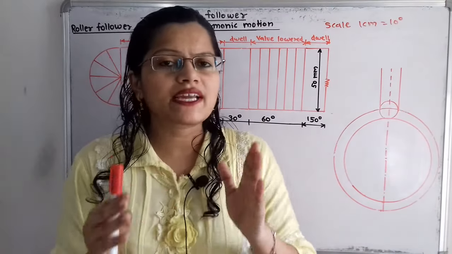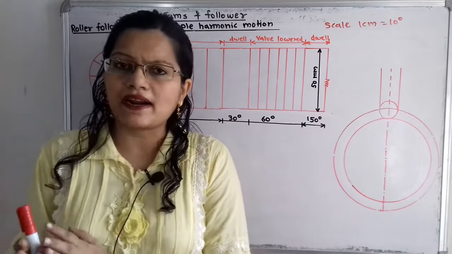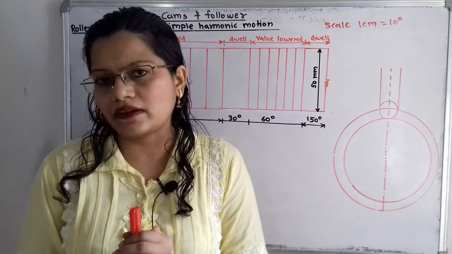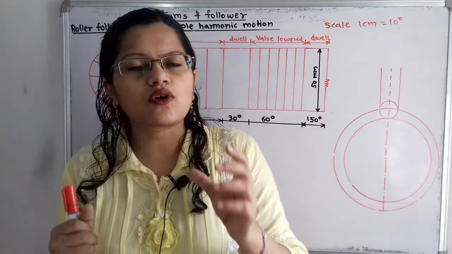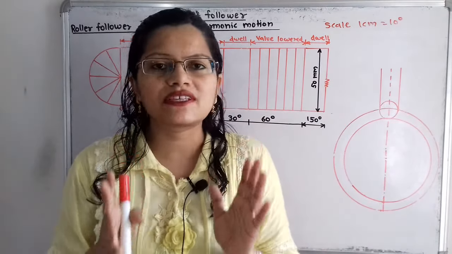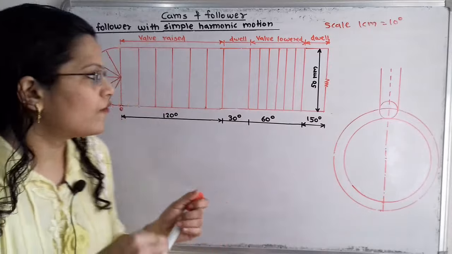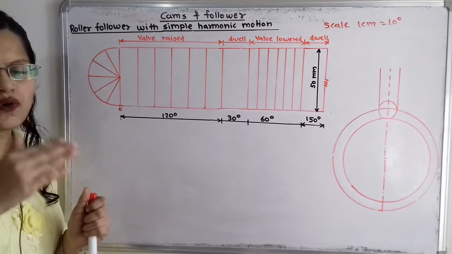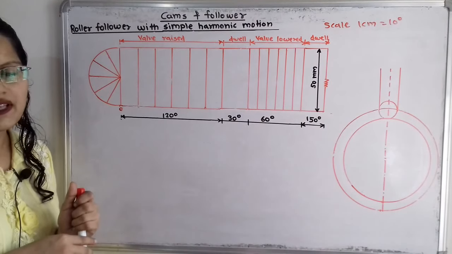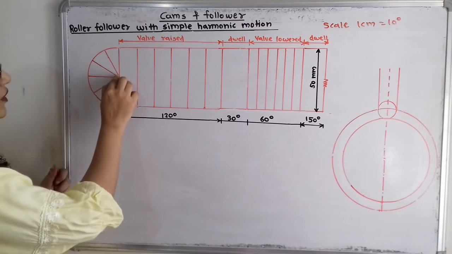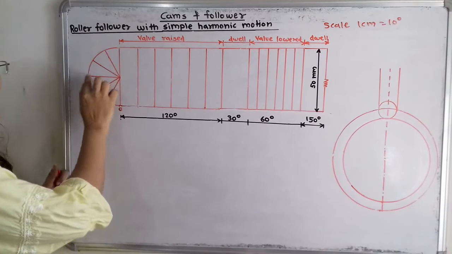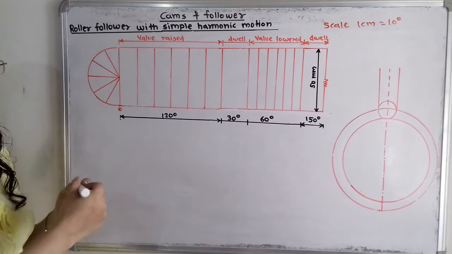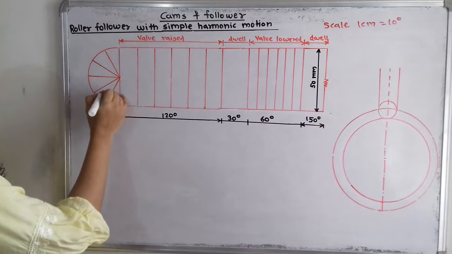Remember, we can take any equal parts: 6 parts, 12 parts, or 8 parts. Here we will take the total number of equal parts for this semicircle as 6. For this semicircle the angle covered is 180, so 180 by 6 is equal to 30 degrees. Each angle is 30 degree apart, and we will make 6 parts.